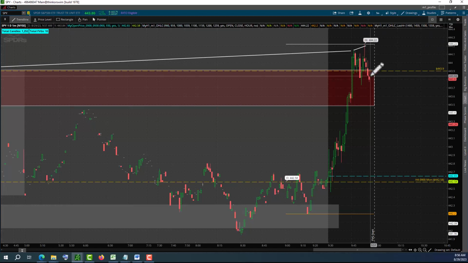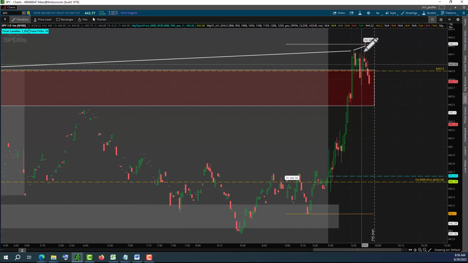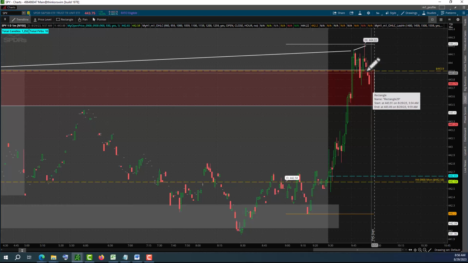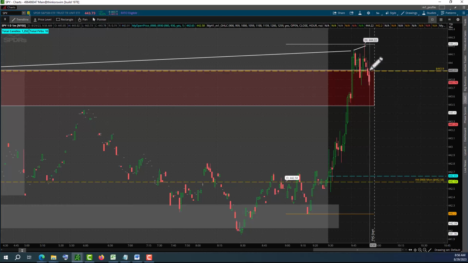I really want to go long right here, but because I see this order block, boom, and retest that order block, I really want to go short right here, but let's see.